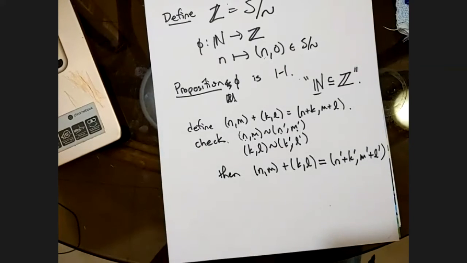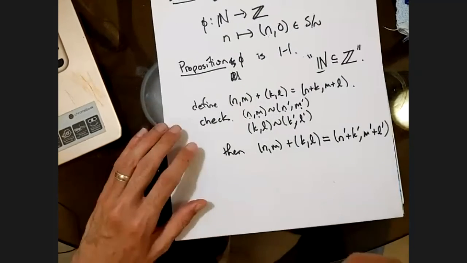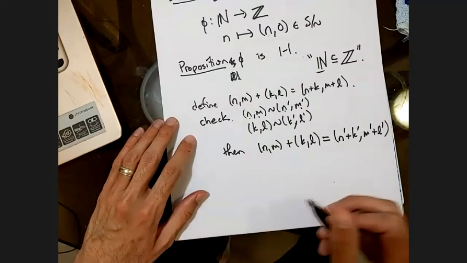Okay. And that would give you addition. And you do the same thing, or try and do the same thing, for multiplication. It's a little bit more complicated.